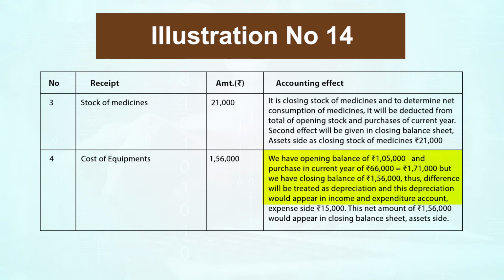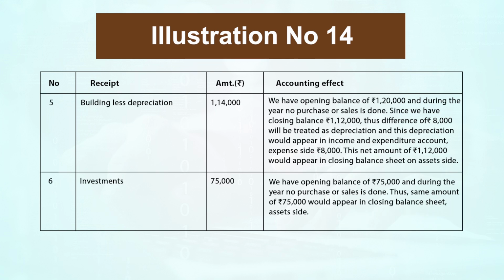And again, this depreciation would appear in income and expenditure account, expense side rupees 15,000. This net amount of rupees 1,56,000 would appear in closing balance sheet asset side. Fifth point we'll see building less depreciation 1,14,000.